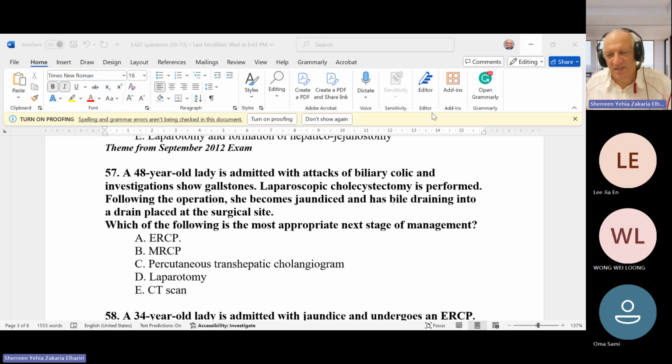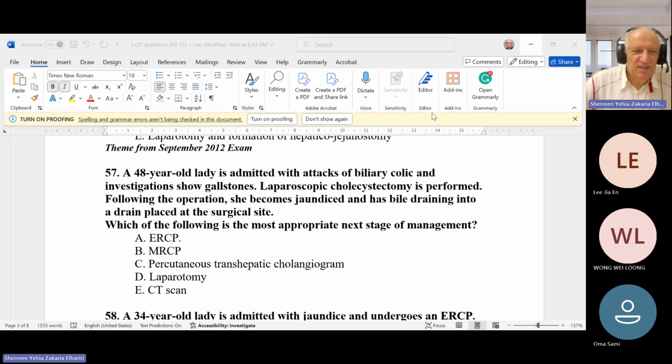So we have two options for jaundice after laparoscopic cholecystectomy. If in the first week, it is usually a slipped stone from the gallbladder, or the duct was ligated by mistake, but a slipped stone is common. If it occurs after 1 month, the injury occurred at the time of surgery, usually due to diathermy, and this injury healed by fibrosis, and this fibrosis causes a stricture. So these are the two options.